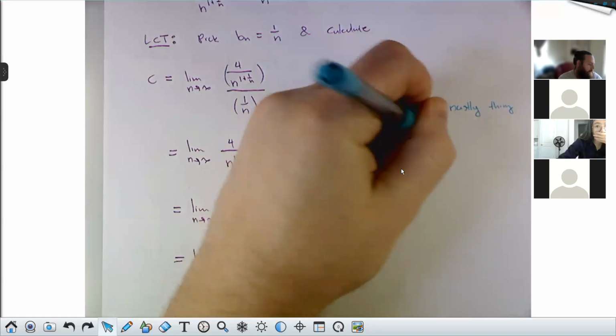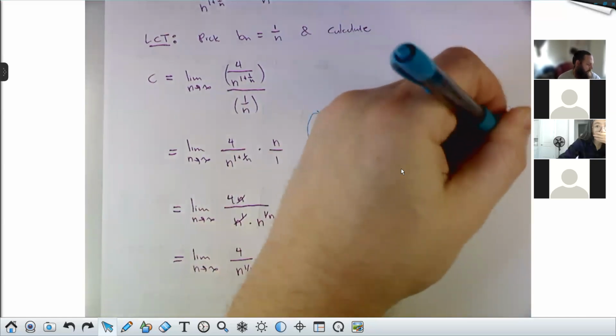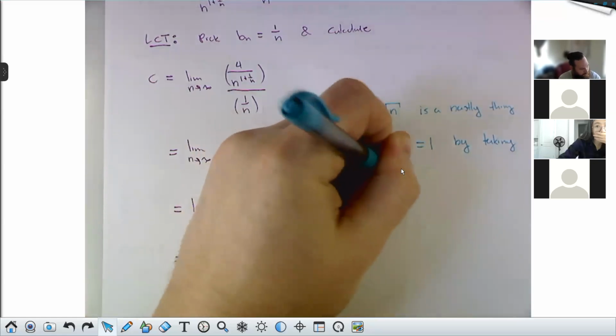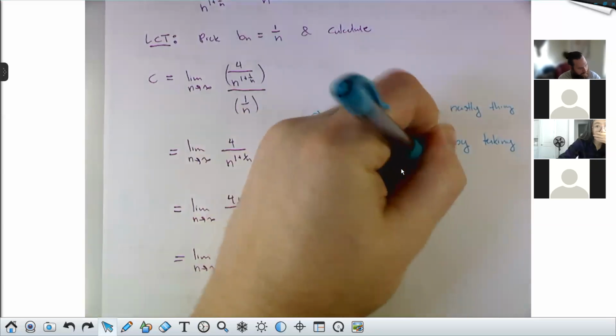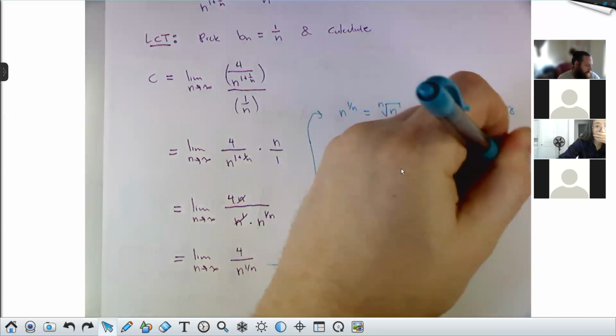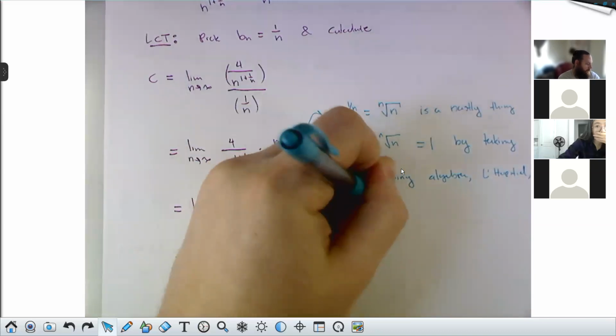This comes out to 1 by taking the ln, doing algebra, then L'Hopital, then exponentiating.